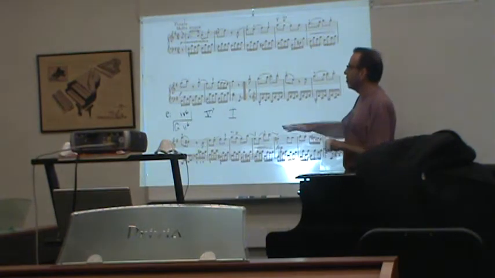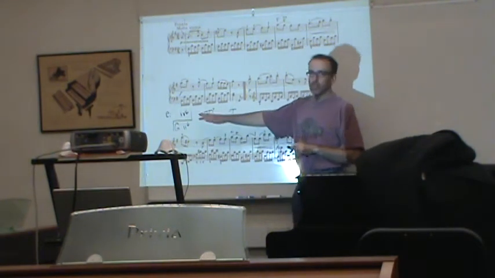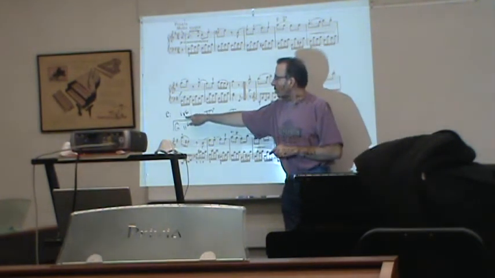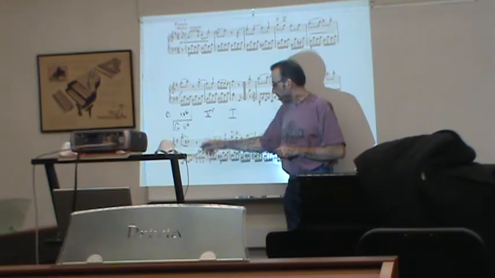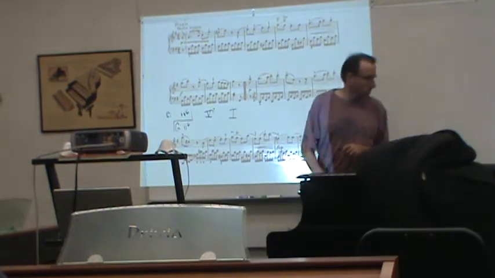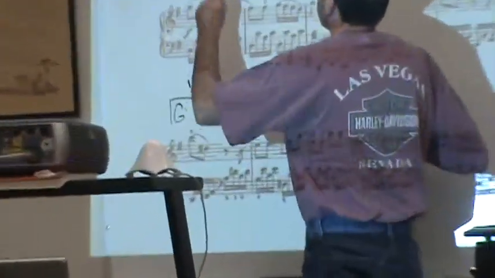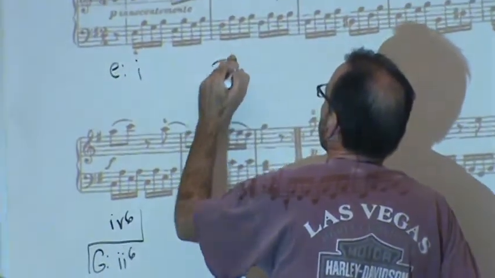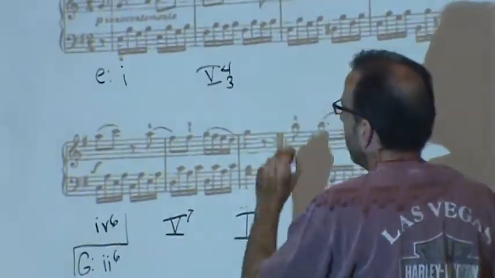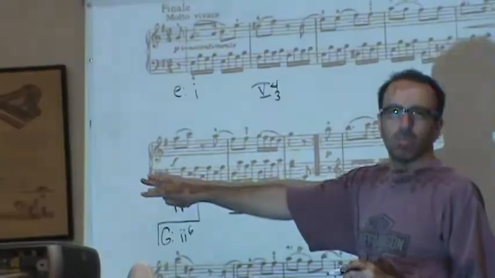And this is the way you notate modulations, by the way, when you're doing the analysis. So you put the chord in the original key. If we had done the analysis from the start, we would say this is 1, this is 5, 4, 3, and so on. We wouldn't need to put E minor there, right?